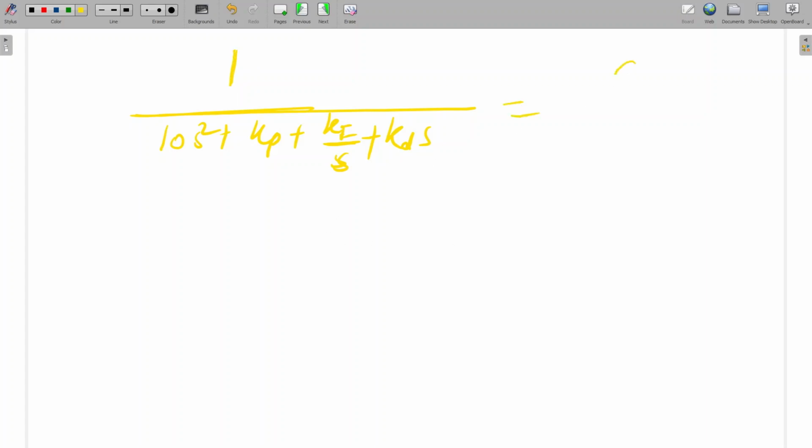That will be equal to S divided by 10 S cube plus Kd S square plus Kp S plus Ki. Correct? Any mistake? No, sir, correct. So this is the CLTF.